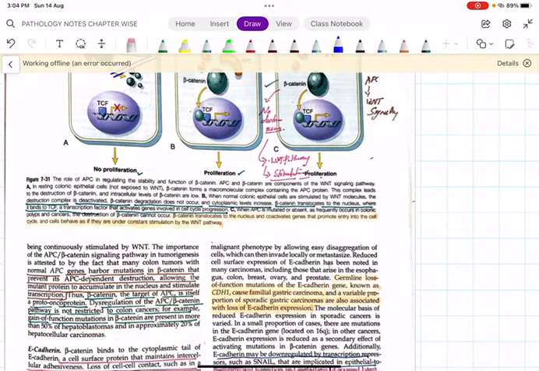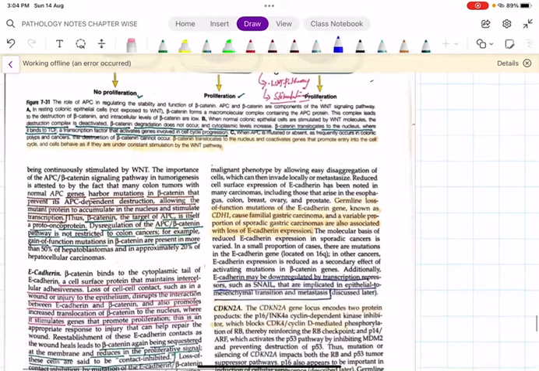When APC is not there, the WNT signaling pathway will be there, beta catenin will be produced and will accumulate, but there is no APC because it is mutated. Beta catenin is actually a proto-oncoprotein. So it accumulates, and finally this leads to excessive proliferation of the colonic epithelial cells, which is responsible for colonic cancer.